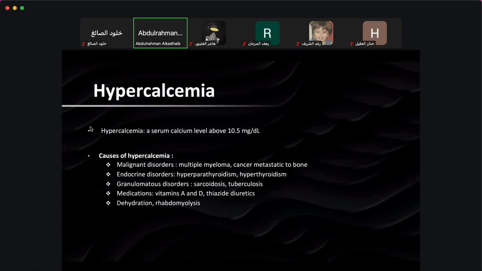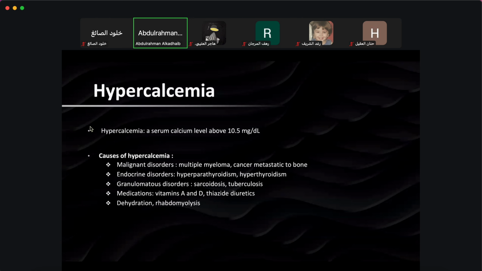It may cause some bone pain, basically because in some conditions that may cause hypercalcemia, such as multiple myeloma, there will be a destruction of the bones and release of the calcium into, again, the vascular space.